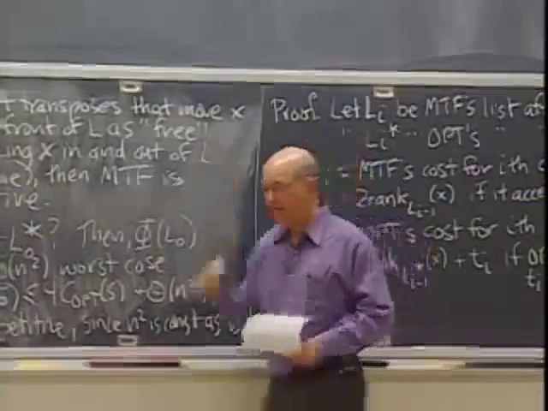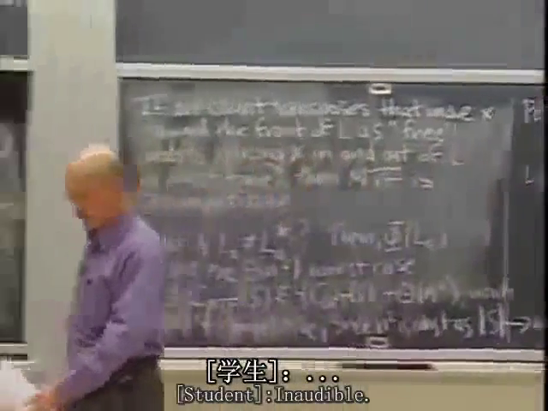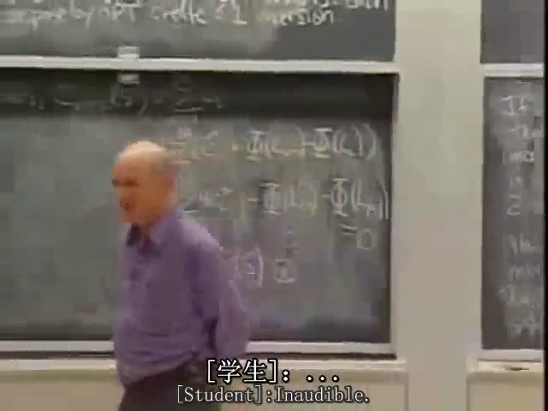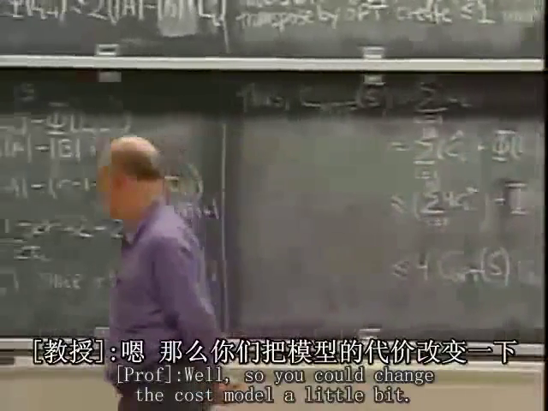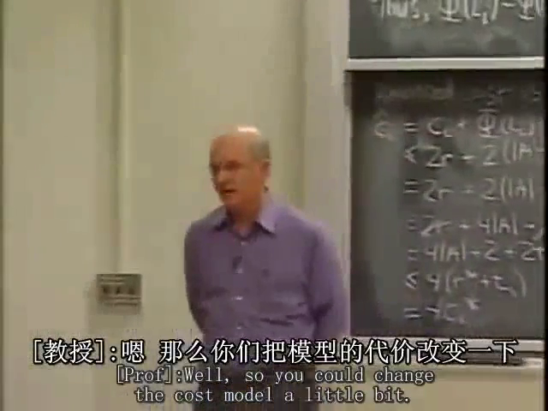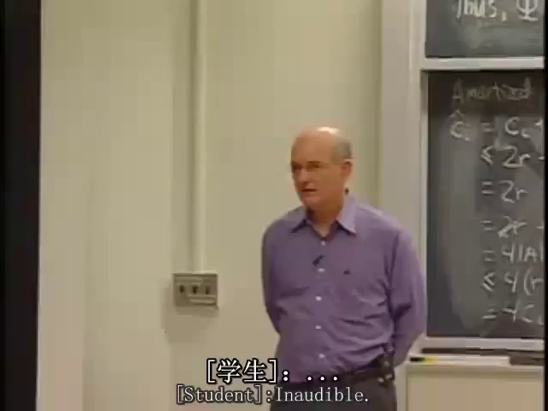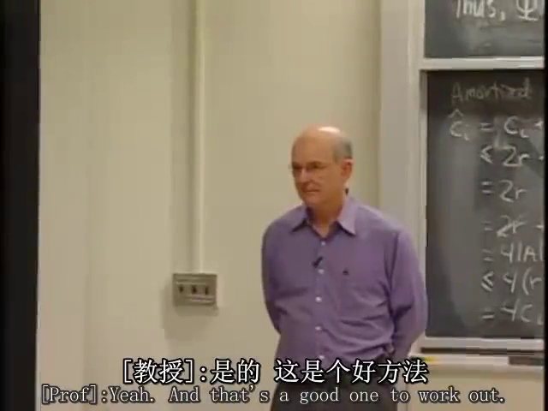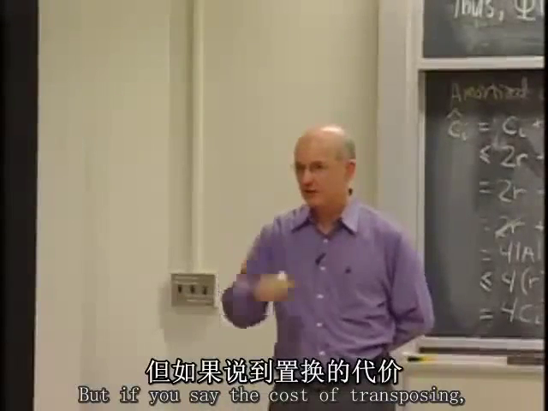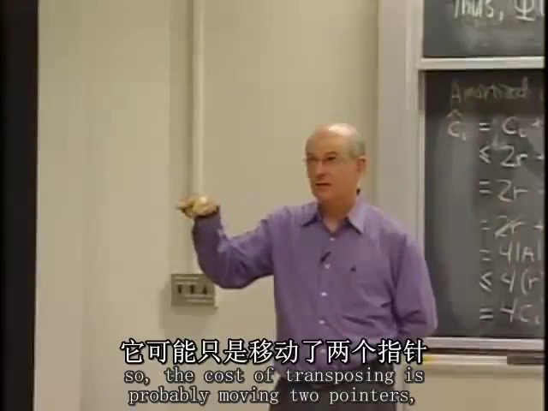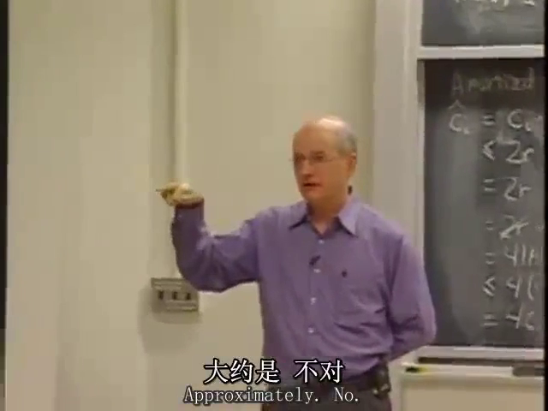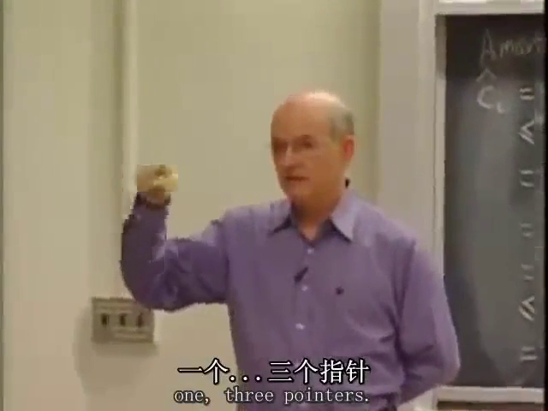Yeah. How can you say that it takes exactly as long to convert an element list? Well, you could change the cost model a little bit. That's a good one to work out. What if you say the cost of transposing is probably moving 2 pointers, approximately 3 pointers?